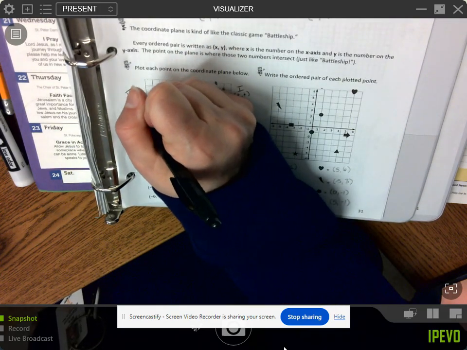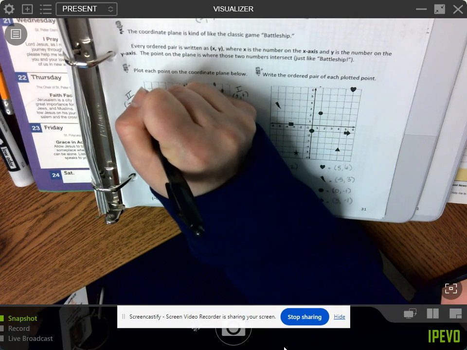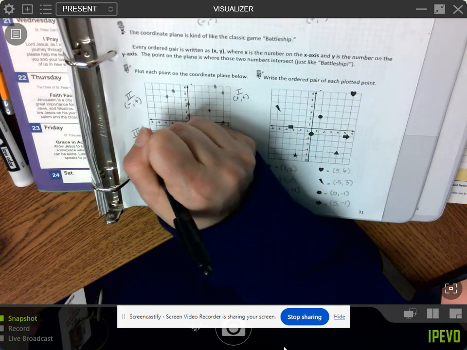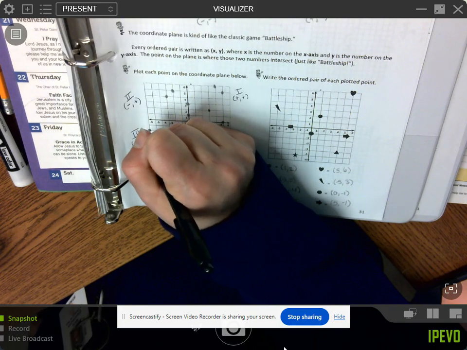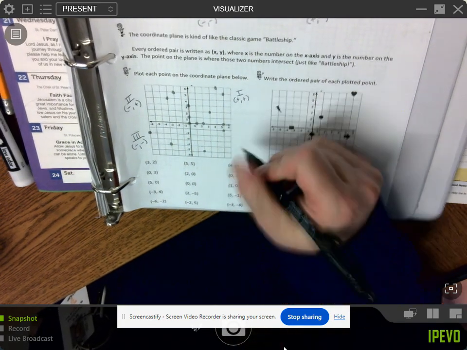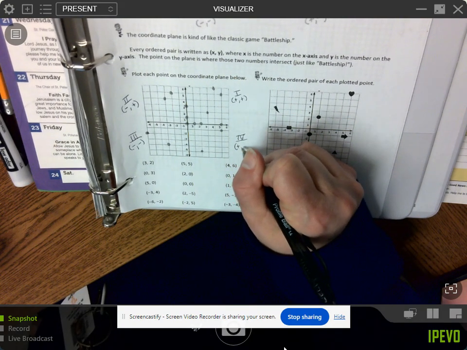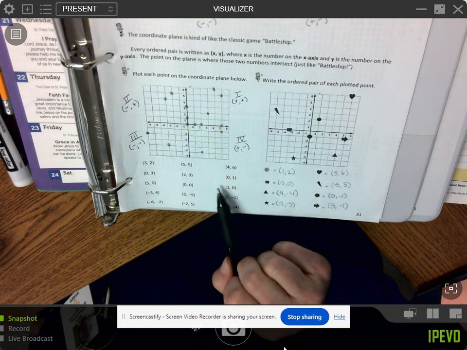In quadrant 2, that's where we have a negative x and a positive y. Quadrant 3 is when both the x and the y are negative numbers. And quadrant 4 is when we have a positive x, but our y is negative.